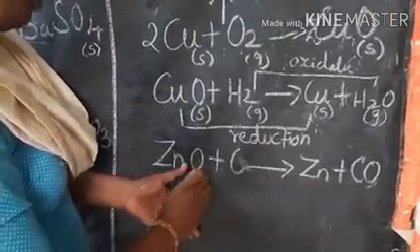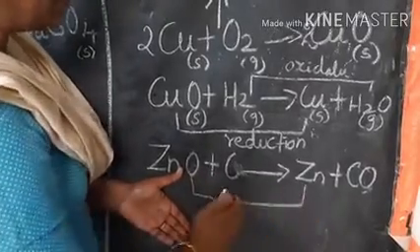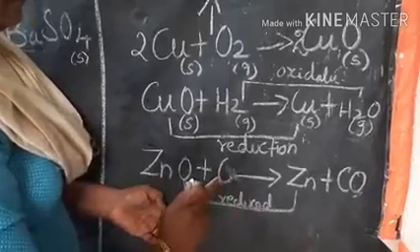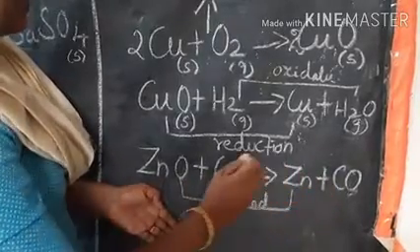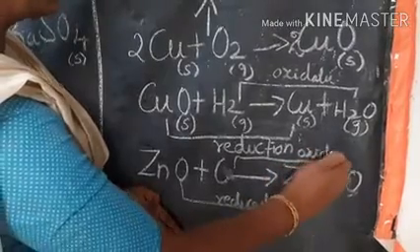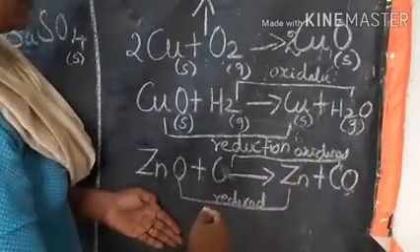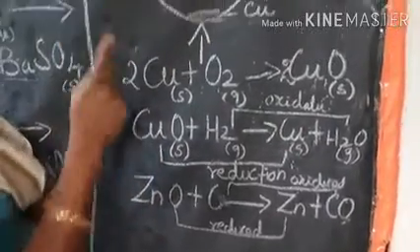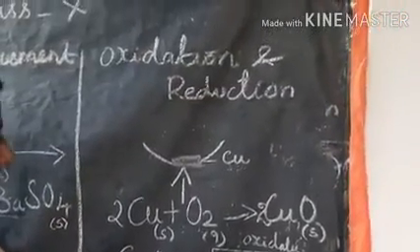Oxygen is removed means reduction. Now this is reduced. Here with the carbon, oxygen is added. So this is oxidation, or oxidation reaction took place. Okay, these are the examples for oxidation and reduction reaction.